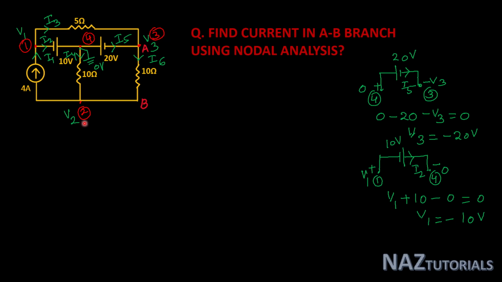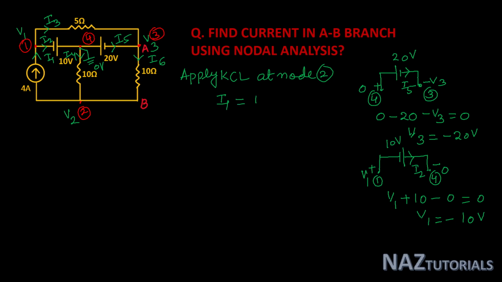Only the node 2 voltage remains to be calculated. So apply KCL at node 2 to calculate the voltage V2. At node 2, I1 is the outgoing current, and I4 and I6 are incoming currents.